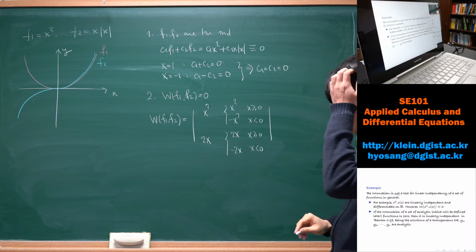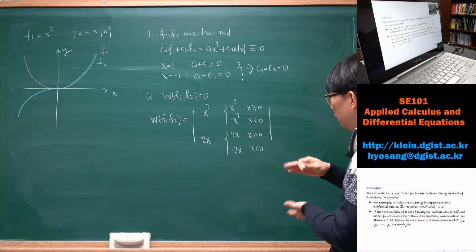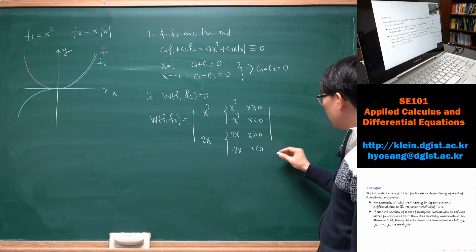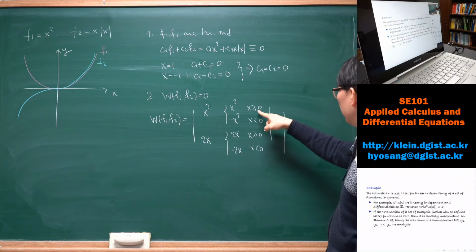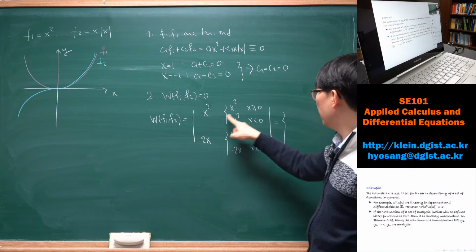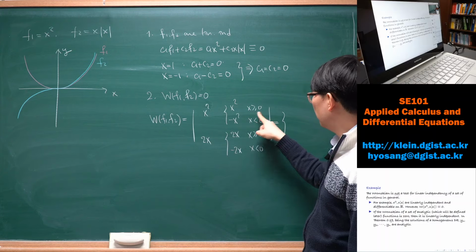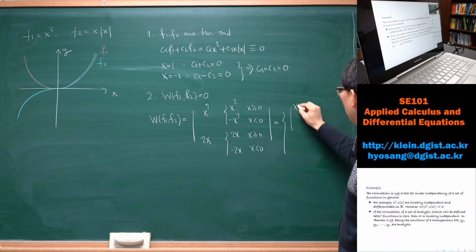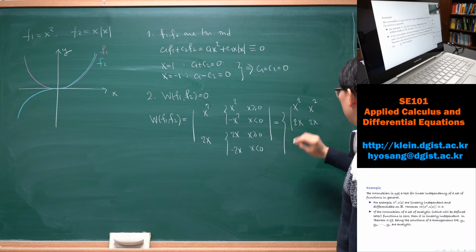So the determinant of these two functions is split into two cases. One is when x is bigger than or equal to 0, and the other when x is less than 0. When x is bigger than or equal to 0, this is x squared, 2x, x squared, and 2x.